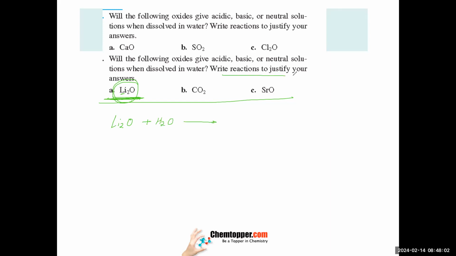They are asking you to write the reaction. What's the equation? Yes, it is lithium hydroxide. And you're going to place 2 here, right?